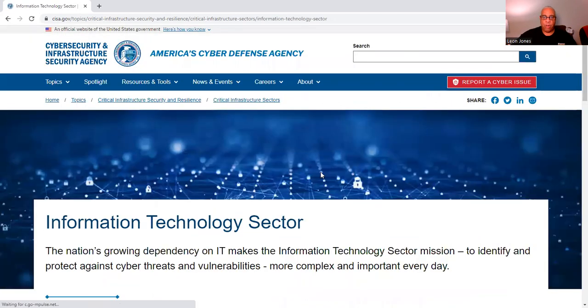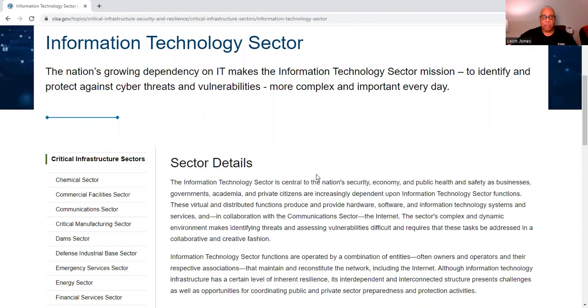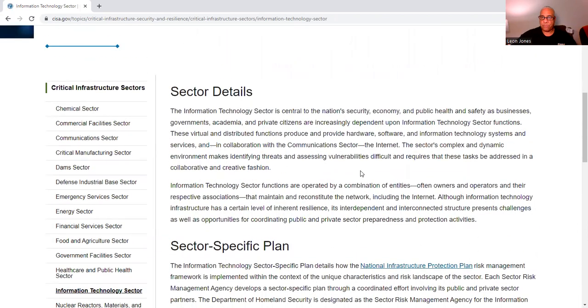Also, our IT, or information technology sector. Now, what's basically part of it? Well, this is where you have your hardware, your software, and your IT systems and services in collaboration with the communication sector, which houses the internet. This sector's complex and dynamic environment makes identifying threats and assessing vulnerabilities very difficult and requires that these tasks be addressed in a collaborative and creative fashion.